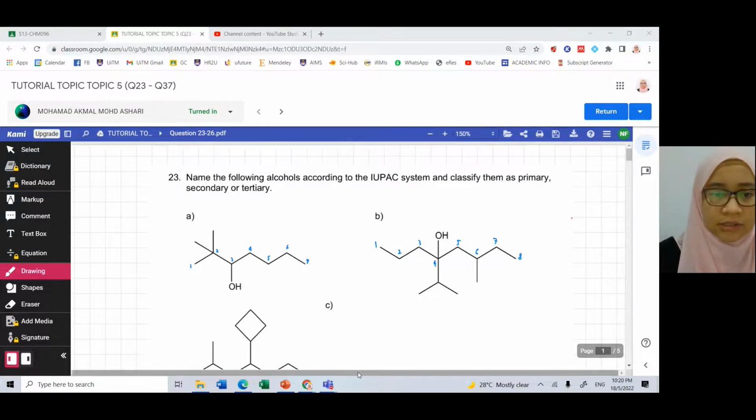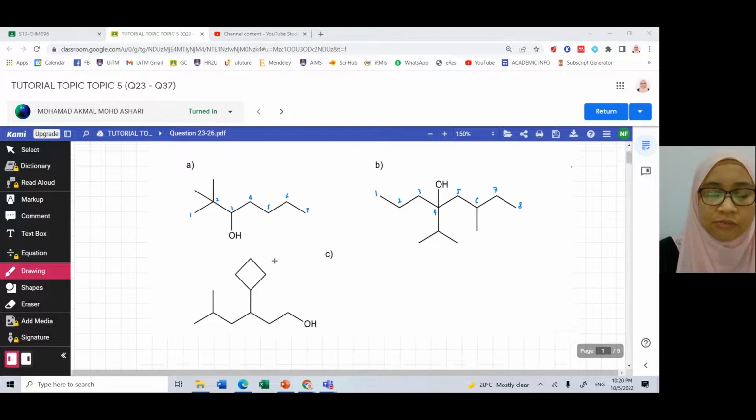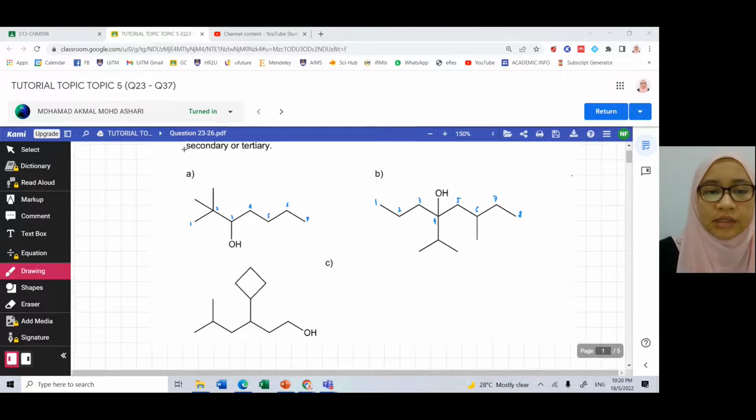The steps are based on the IUPAC nomenclature, so we have to follow all the steps as stated in IUPAC. We identify the longest continuous chain and make sure that it contains the functional group, then the substituents get the lowest numbers possible, then alphabetical order.